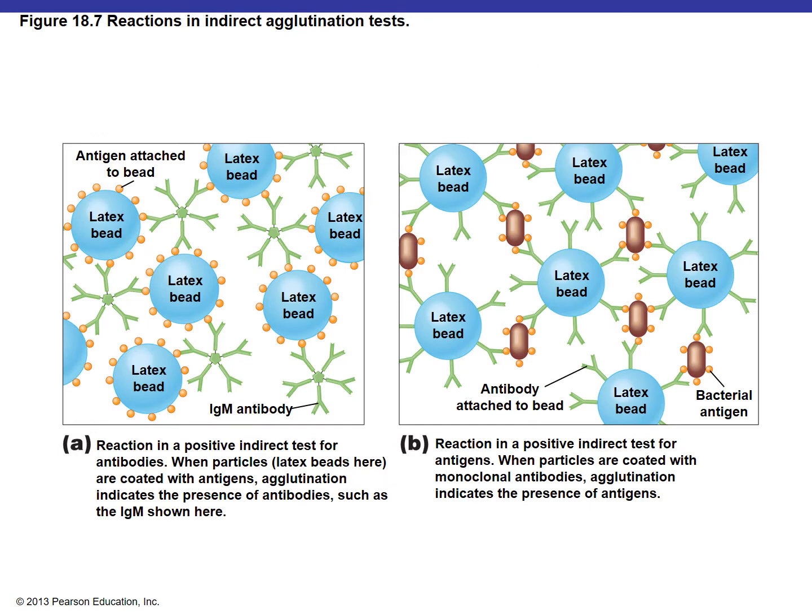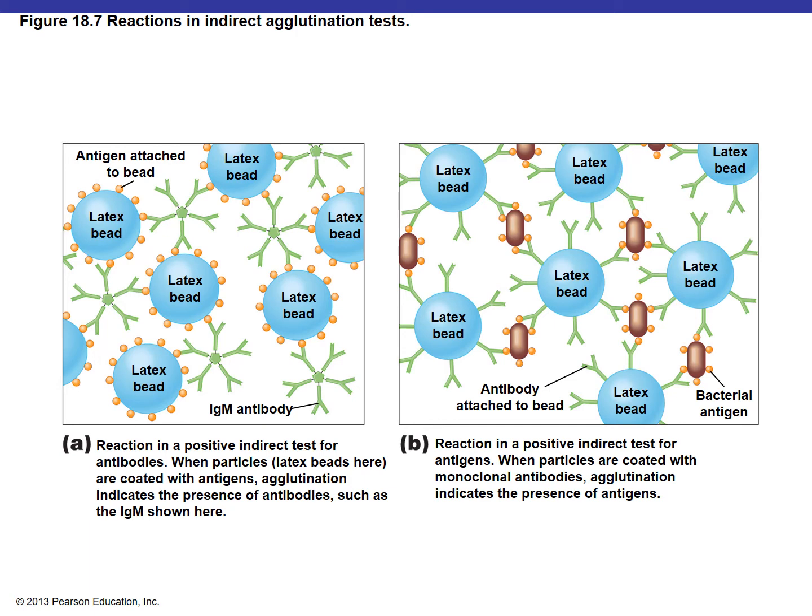Here are some agglutination reactions that are similar to the reactions that you did in the lab exercise that you looked at for the PowerPoint. In the first part of this figure, you would be detecting the antibody.